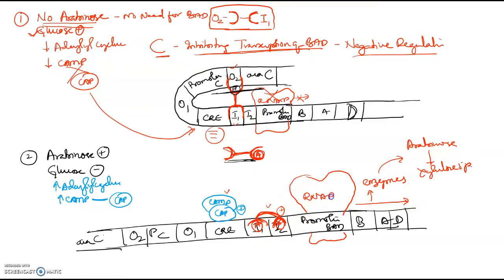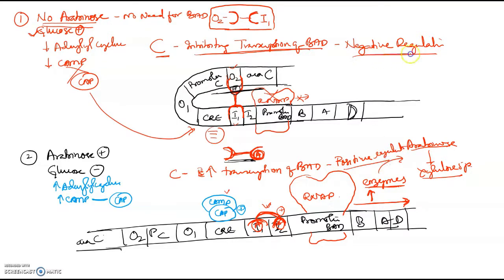So this RNA polymerase has come and now it has transcribed the mRNA. This mRNA is translated into enzymes. Those enzymes have converted arabinose to xylulose 5-phosphate. So this kind of regulation wherein C is recruiting or increasing the transcription of BAD is an example of positive regulation.